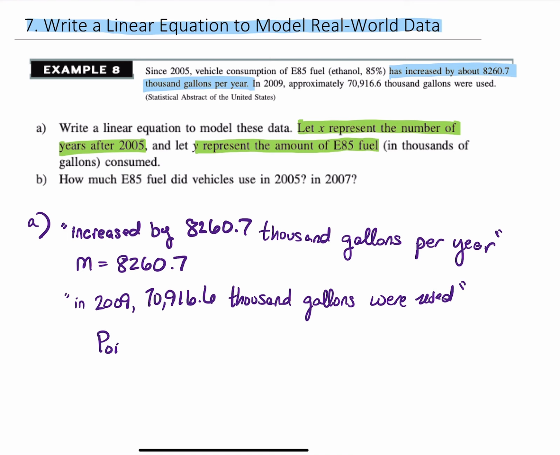In 2009, since x is number of years after 2005, that would be 4 years after. So that would be an x value of 4. And then the amount of gallons used, that's our y value, 70916.6. So now we have the slope of the line and a single point. We can just plug into point slope form to build the equation of our line.